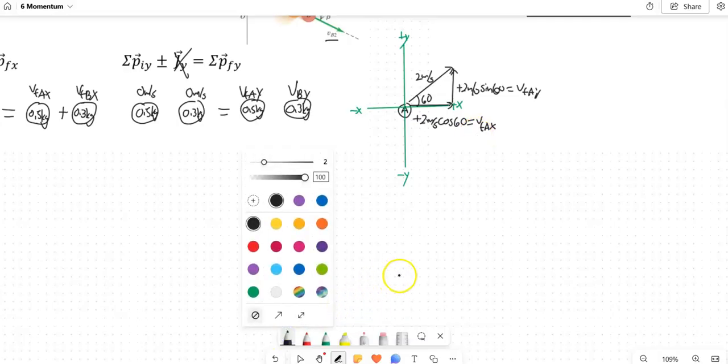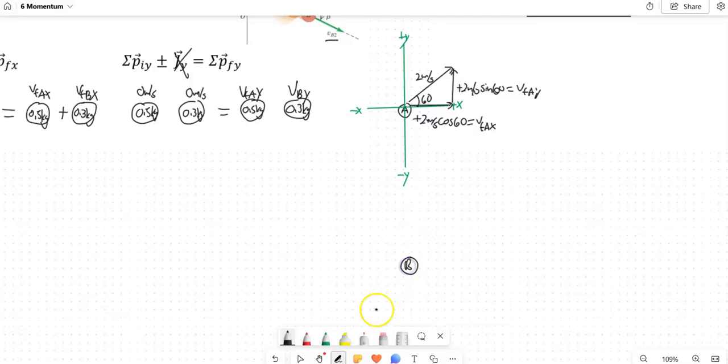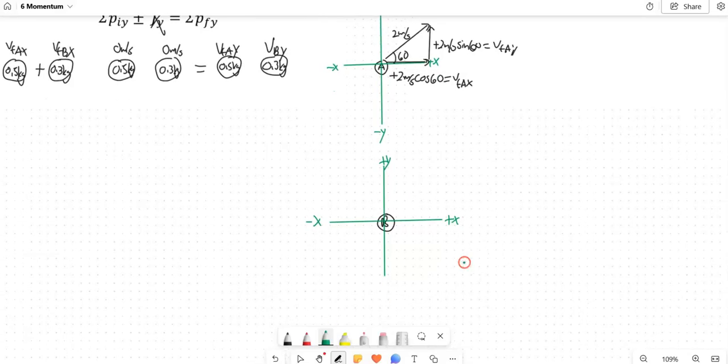Let's do the same thing for object B, with positive X, positive Y, negative X, negative Y. After the collision, this ball is moving down and to the right at some final velocity V B, at an angle that we do not know, which they said is beta.